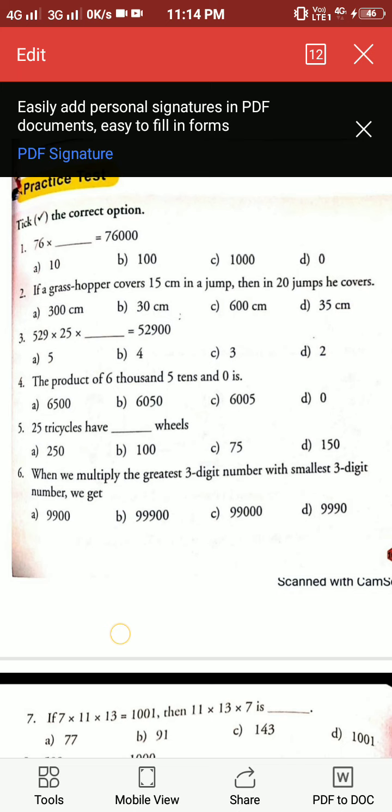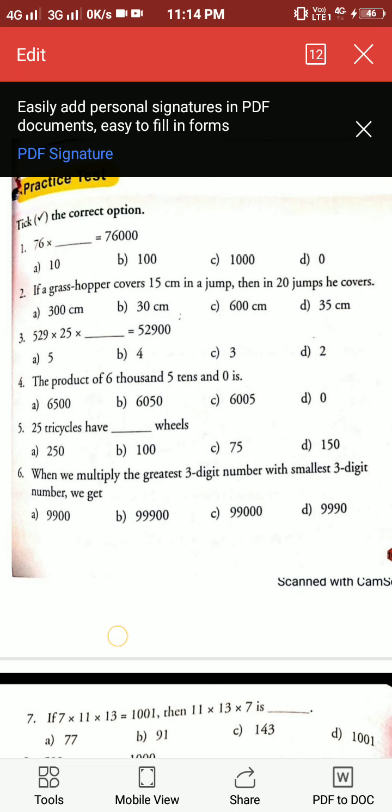You have to choose the right option, then tick and fill. First is 76 multiplied by, I don't know, you have to fill with the given options, is equal to 76,000.